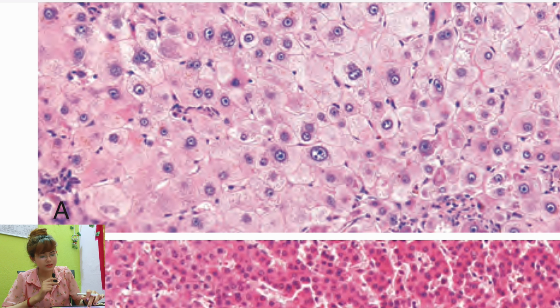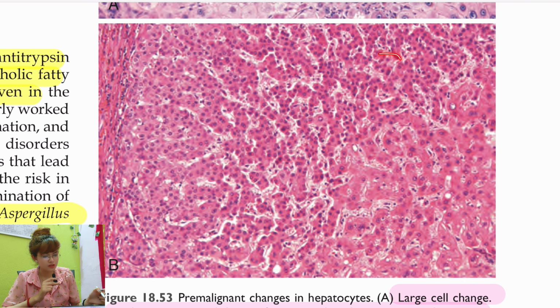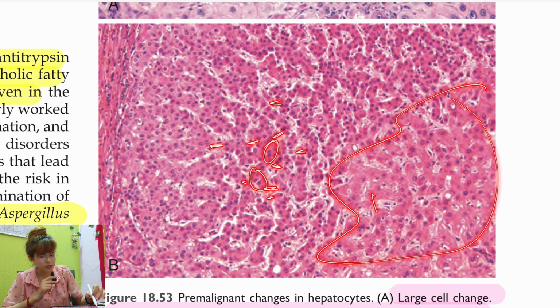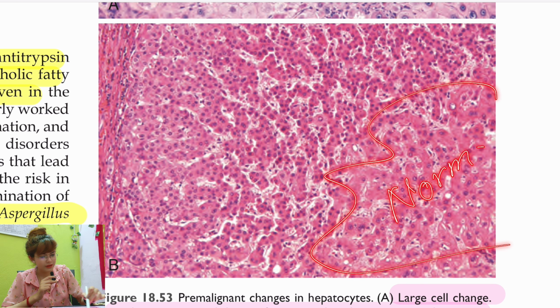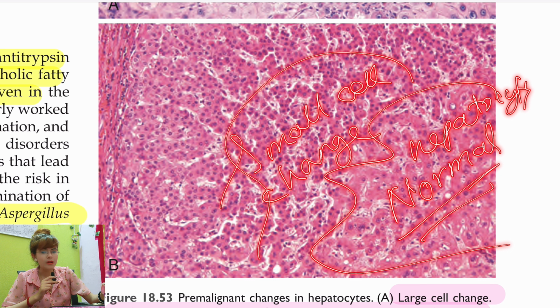And this is the small cell change, where you can see that the cells have a high NC ratio and are separated by thickened plates, and the cells have become much smaller compared to the normal appearing hepatocytes. This is the normal area; these are the normal hepatocytes, and you can compare them with this area where the small cell change has occurred.